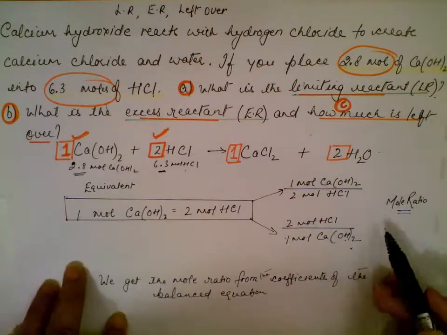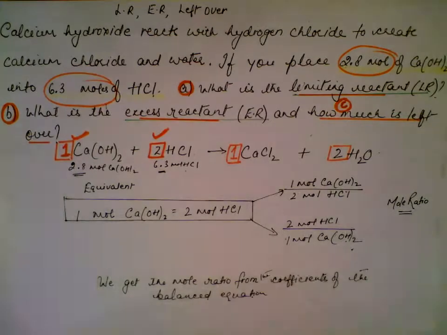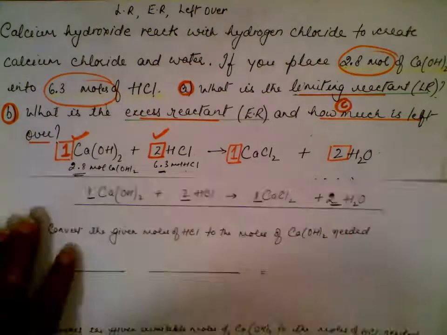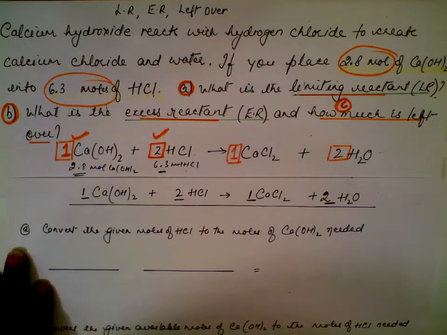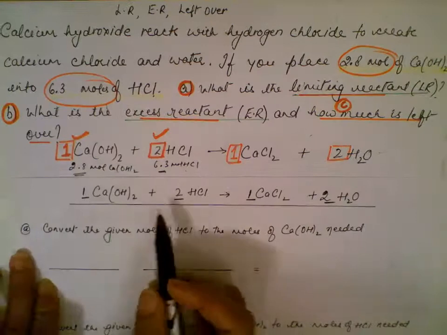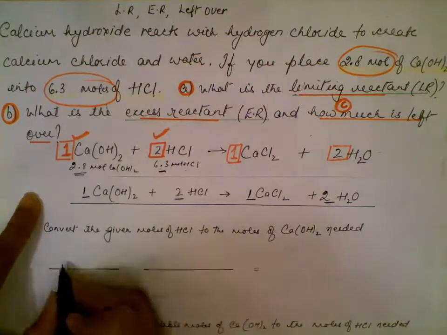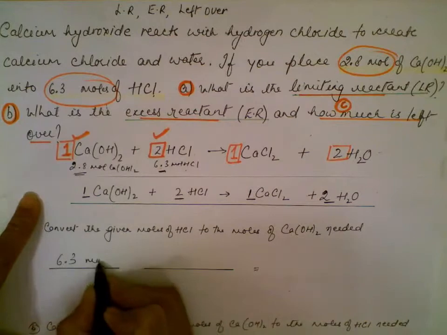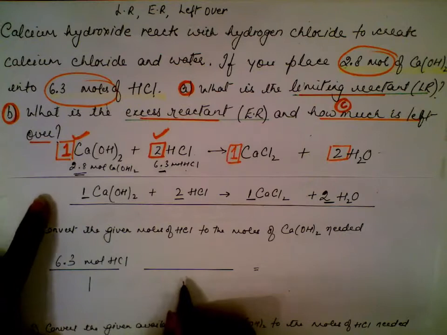So we can start with converting the given moles of hydrogen chloride to moles of calcium hydroxide. Alright, so what are you given here? You are given 6.3 moles of hydrogen chloride. I'm going to write here 6.3 moles of hydrogen chloride. Now what do you have to find?